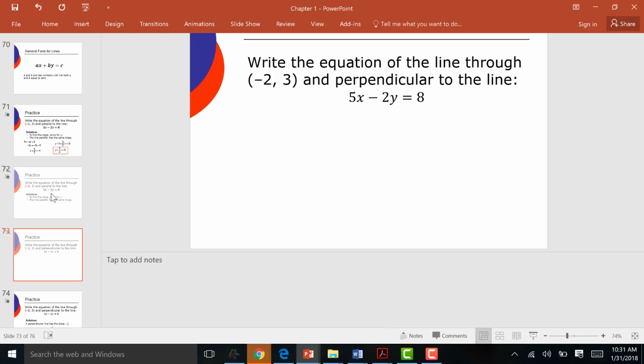So here, y minus y1 equals m times x minus x1. All righty, I still got a 3 here and a negative 2 here, and my slope is negative 2 over 5. Bring everything else down. Now I'm just going to do the work that we did last time.